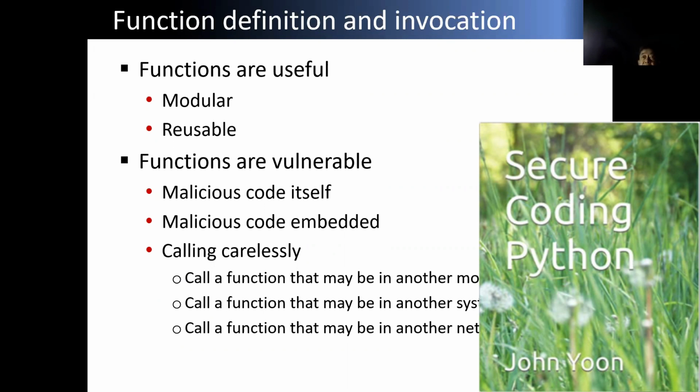In recent days, we were talking more about object orientation, but even with object orientation, we have methods. A method is very similar to a function. So when you say function here, it is current and past coding fashion.